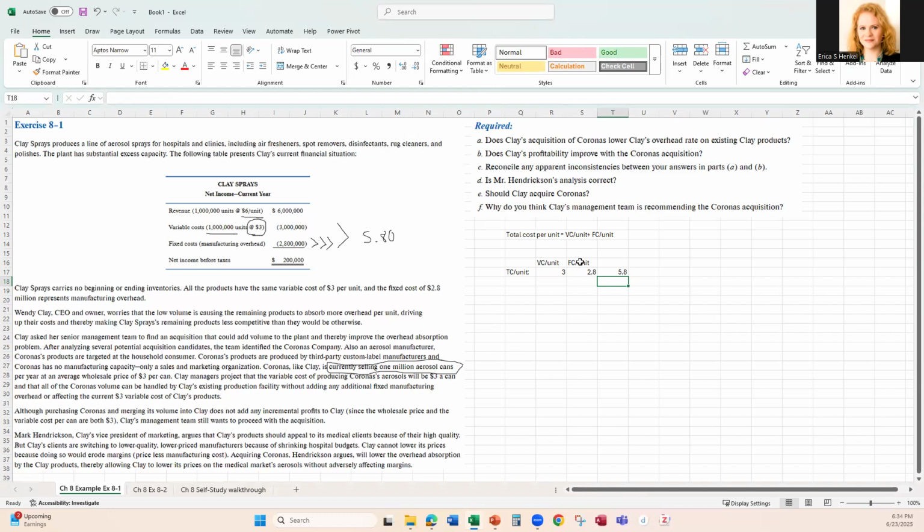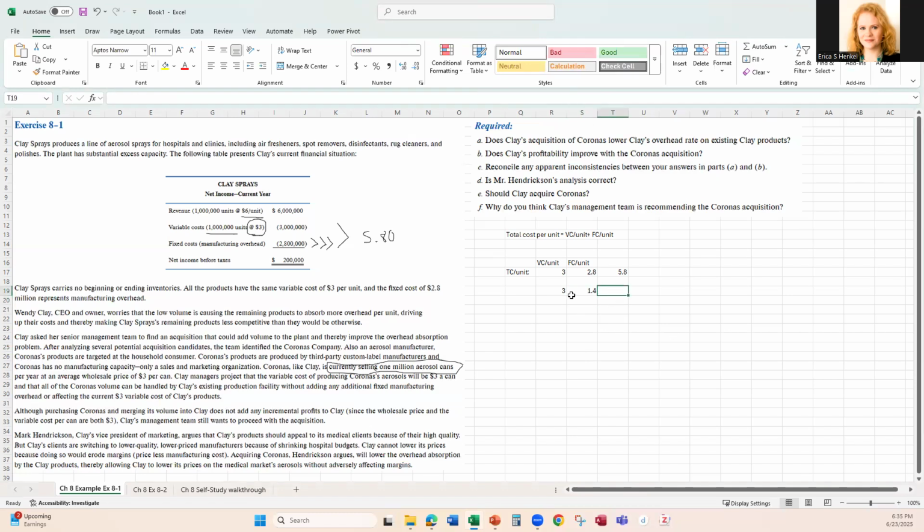Now, if we take this and we double the number of units here, we're still going to have the $3 variable cost per unit, but now we can take that 2.8 million and divide it by 2 million units that are created or manufactured.